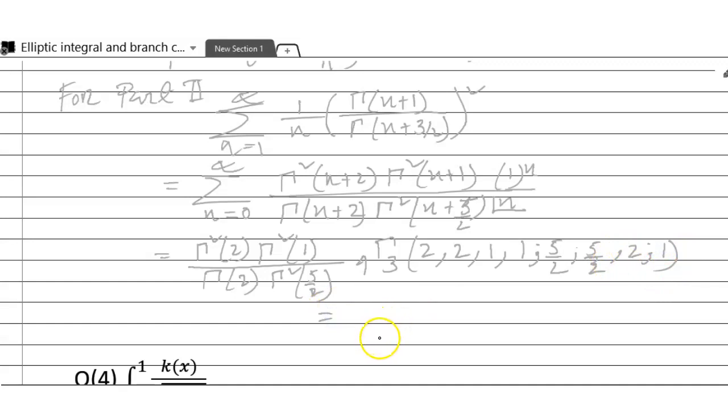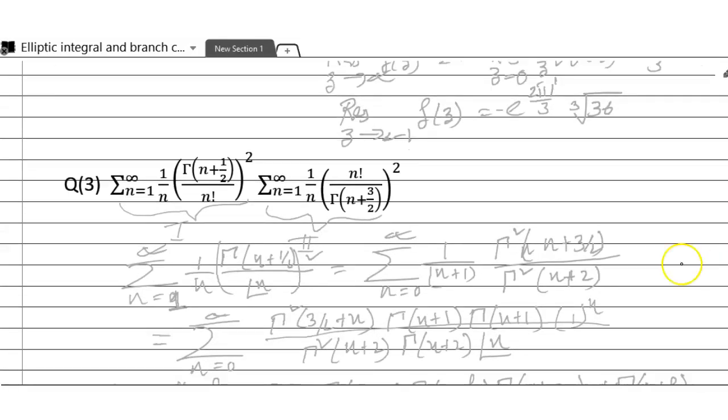And this value can be written this way: 16 divided by 4 pi, 3F2 of 1, 1, 2, 5 by 2, 5 by 2, comma 1. And it can be written 16 divided by pi minus 4 after putting this value.